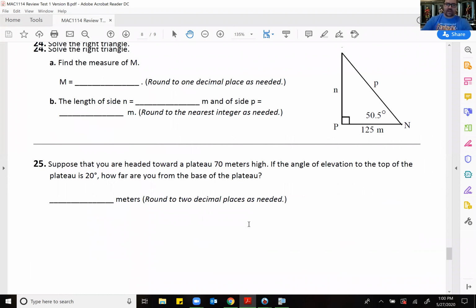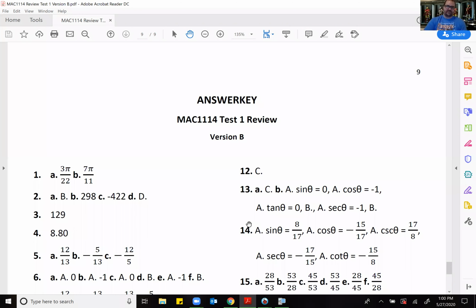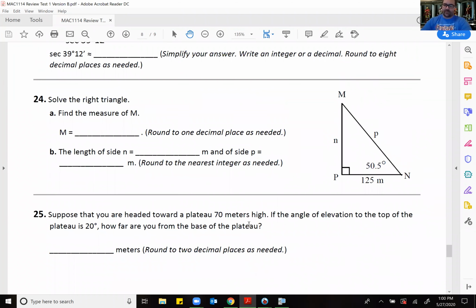So 24 and 25. Sorry, I didn't mean to scroll down. You can see the answer key is there, but I'm going to post this answer key out there for all of you anyway. So 24 and 25 come from 9.7. So 24, all they want you to do is demolish the triangle. Solve for everything, all sides, all angles.